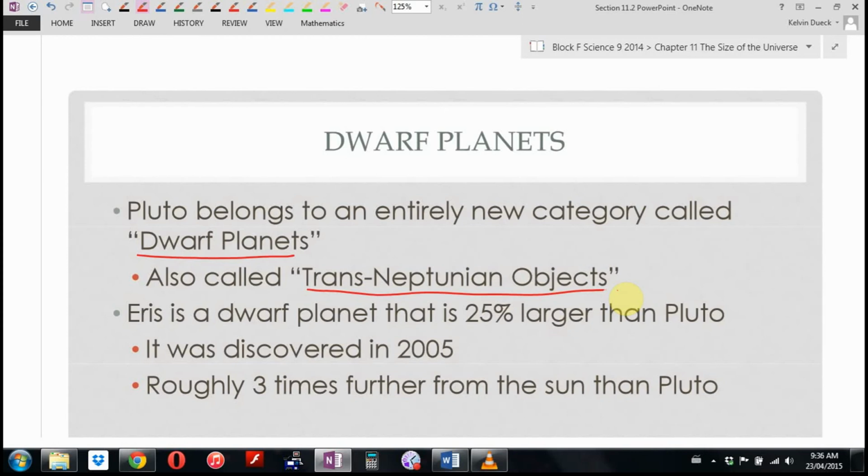You see, the issue was we had to decide either redefine what a planet was properly and cap it at 8, or we would have been going up to 11 or 12 because we found stuff bigger than Pluto further out there. It was discovered in 2005. It's about 3 times further from the sun than Pluto.